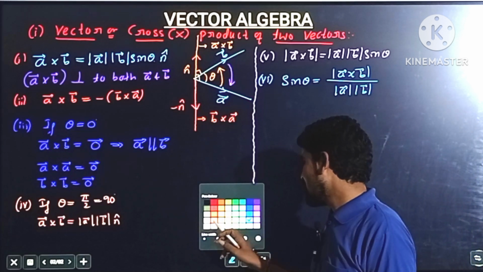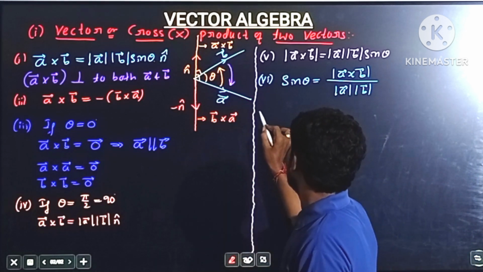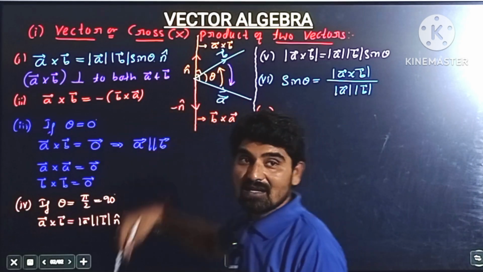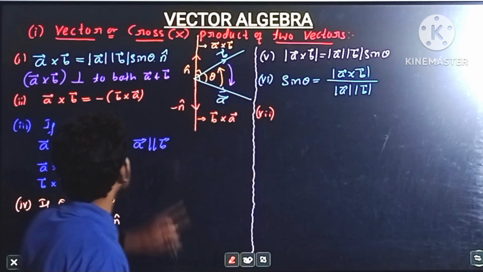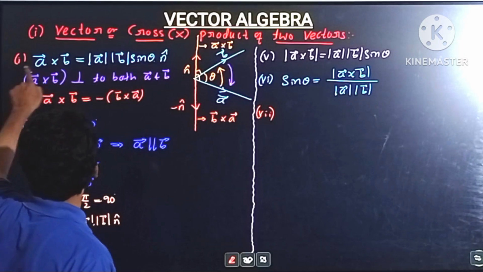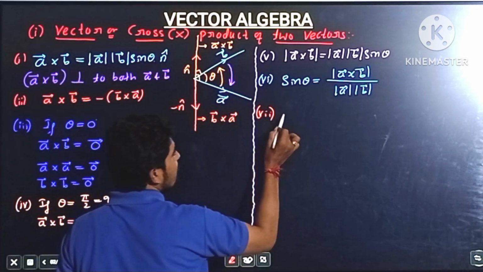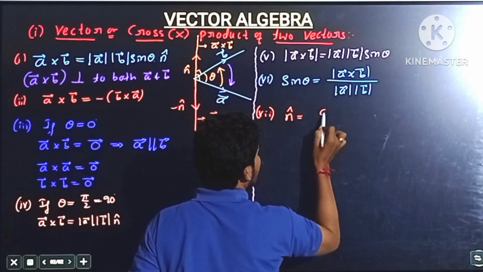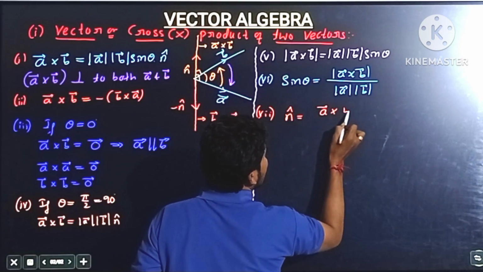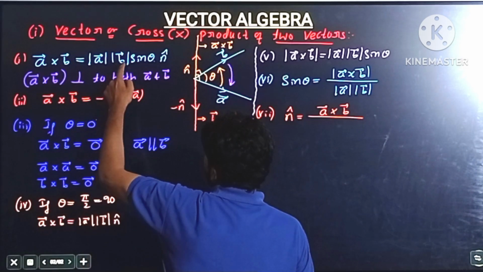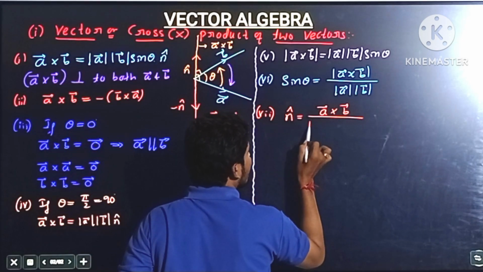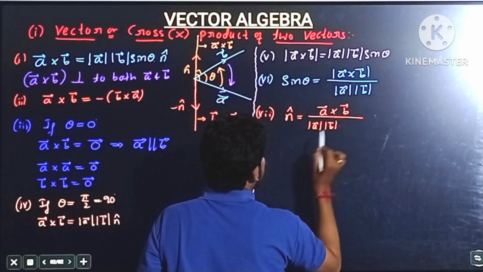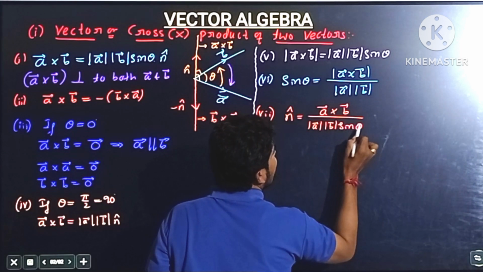Now see here, the formula to find the unit vector perpendicular to both a vector and b vector, that is n cap. From the first point, n cap can be written as a vector cross b vector divided by, shifting this to the other side, magnitude of a vector into magnitude of b vector into sine theta.